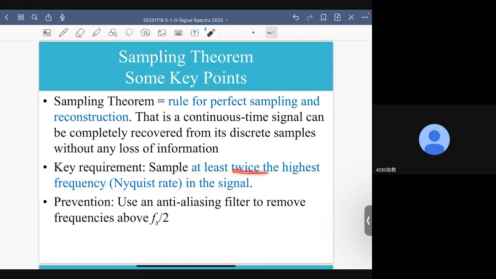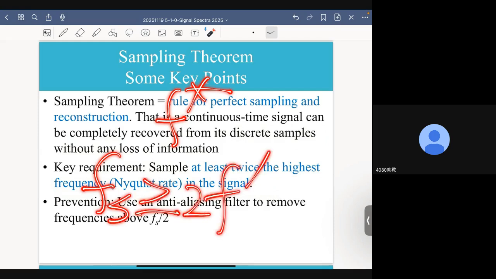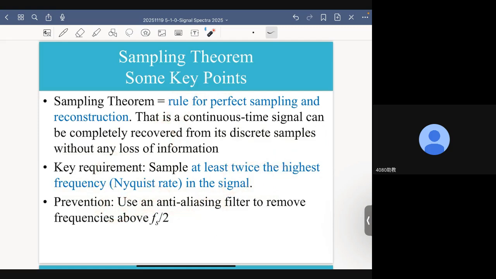Now, the key requirement is that the sampling rate must be at least twice the highest frequency in the signal. Twice the highest frequency of that signal is what we call the Nyquist rate. Which means if the frequency of the highest component of that signal is, let's say, f star, then my sampling frequency should be at least twice as large as f star, and 2 f star is the Nyquist rate.